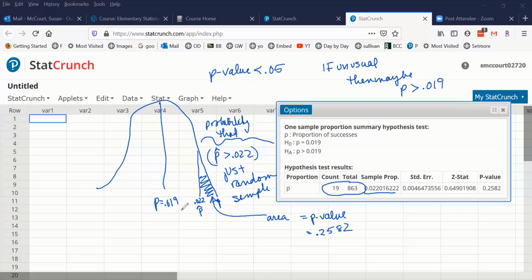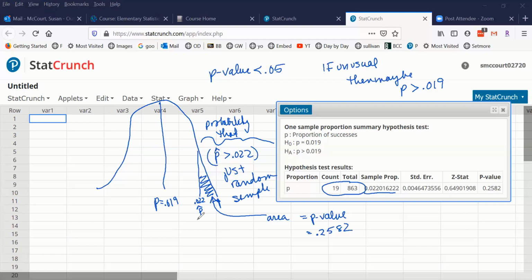So then aren't we trying to figure out if it's too different from 0.019? Yeah, and it's not different enough. Because only 25% of the time you're going to get that number anyway. So that's not rare, right? Yeah. It would have to be less than 5% of the time.